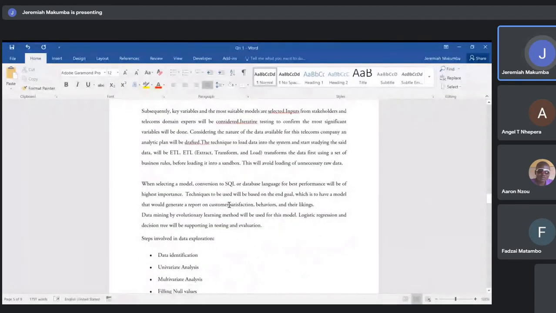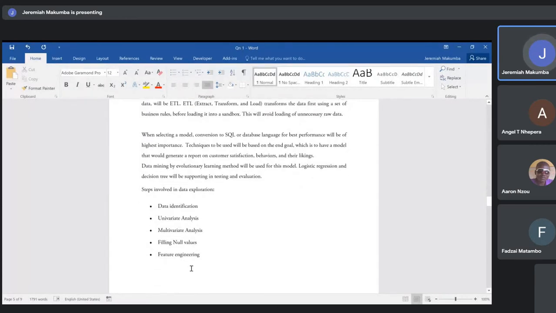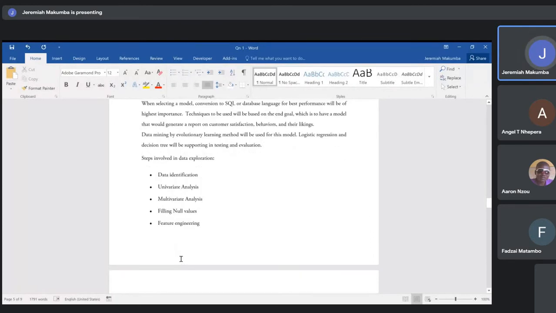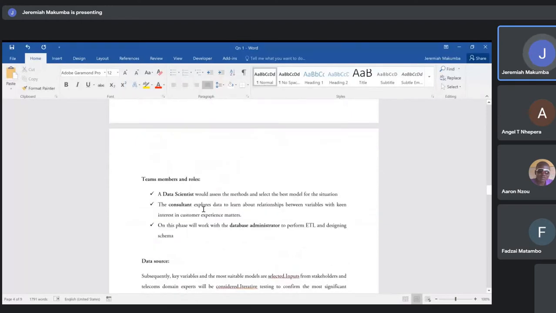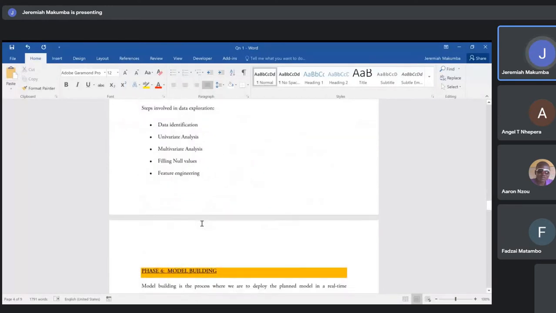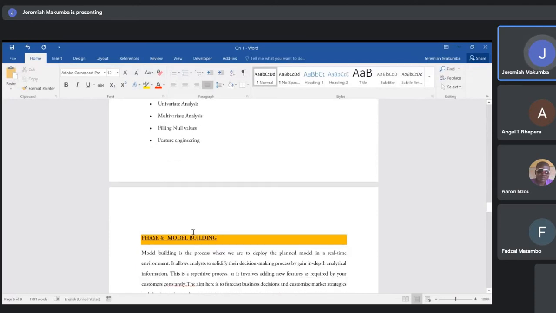On this stage there will be steps involved in the data exploration: data identification, univariate analysis, multivariate analysis, filling null values, and feature engineering. Since we are at model planning, right, it will take us to phase 4, where there is model building.